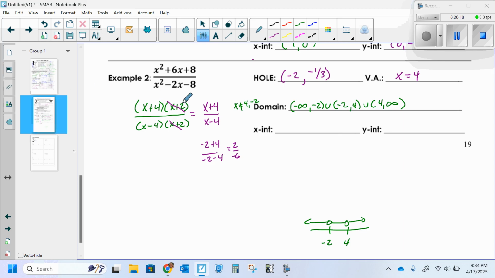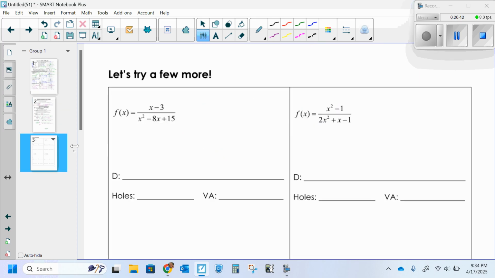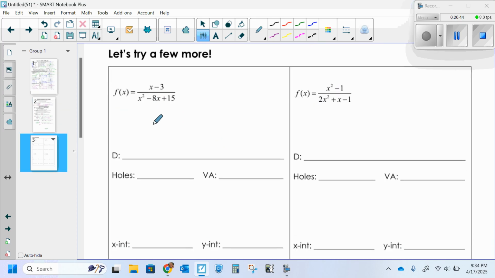X-intercept, 0 of your numerator. Y-intercept, plug in 0 for x. I like the original, but you can use either one. All these x terms will go to 0, so you have 8 over negative 8, so you have 0, negative 1.